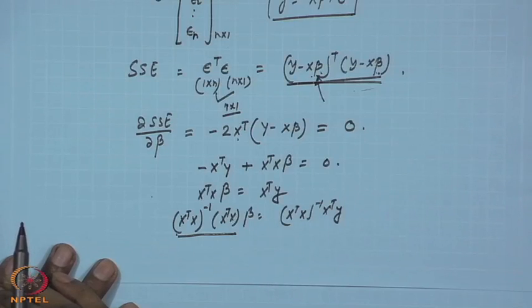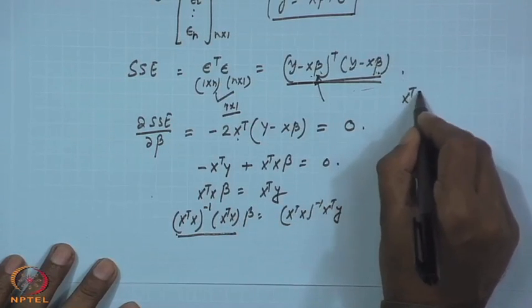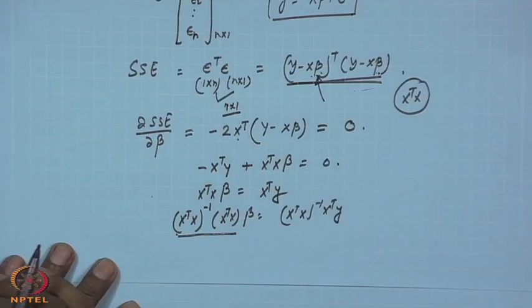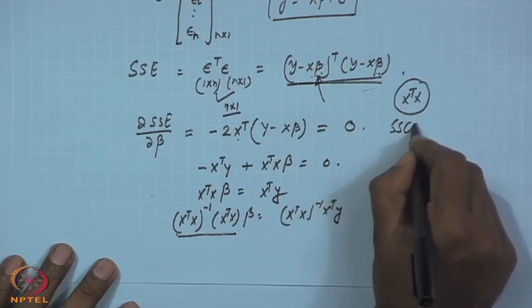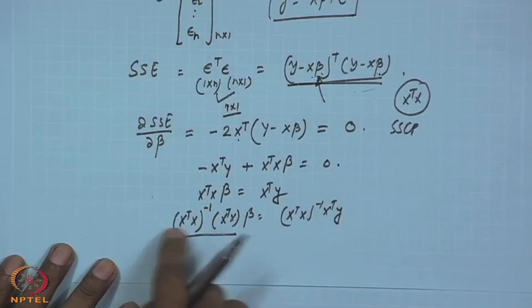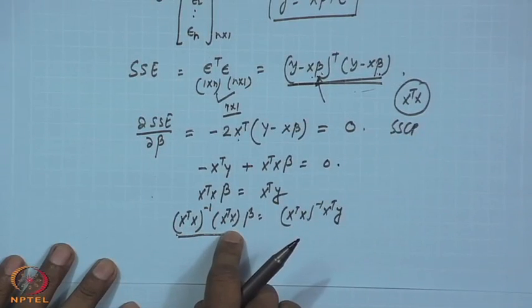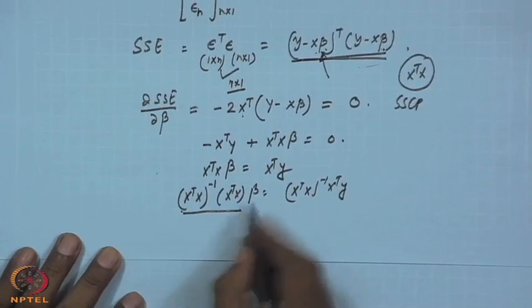In the covariance lecture I gave you the SSCP matrix x transpose x. Can you remember that, from the data covariance time? And I said that this is basically a square matrix, a symmetric matrix. So, the inverse times this will be the identity matrix. Sir, generally it is full rank, that's why. Yes, that's why the full rank case. So, this one is the identity matrix.